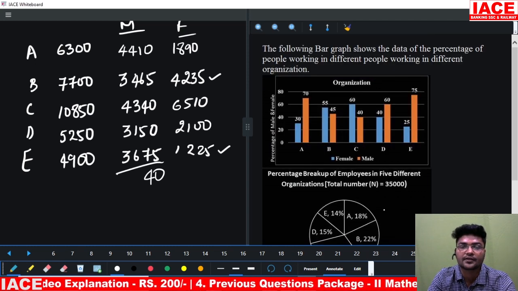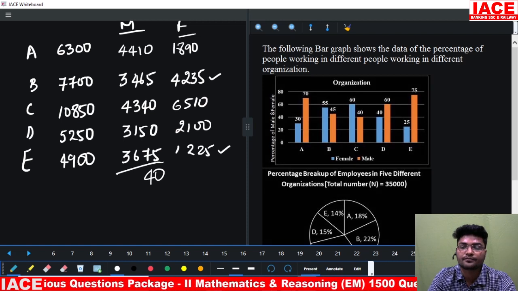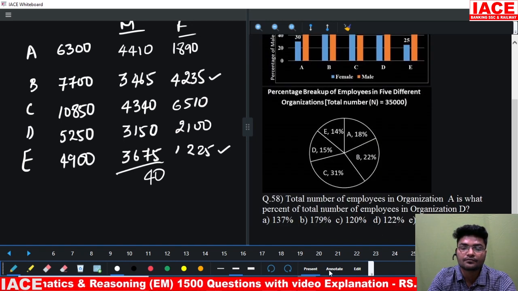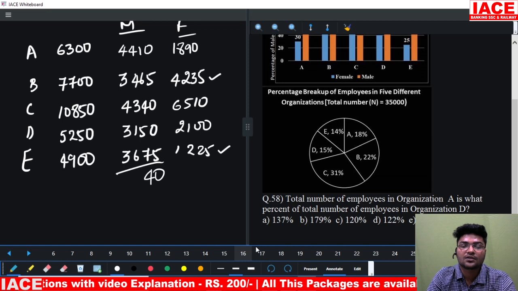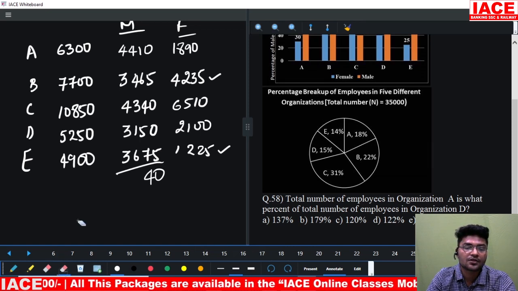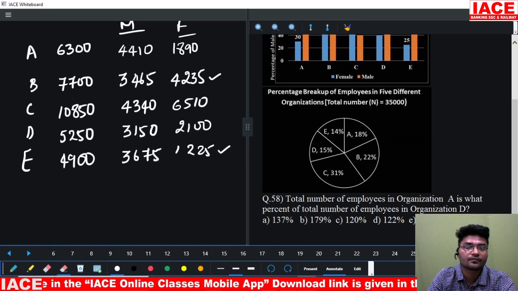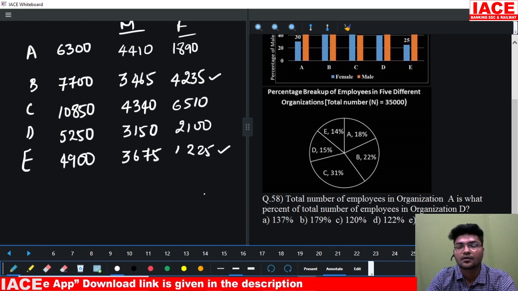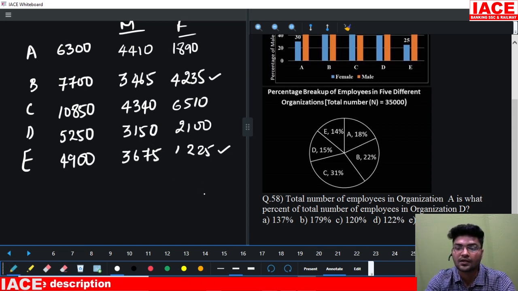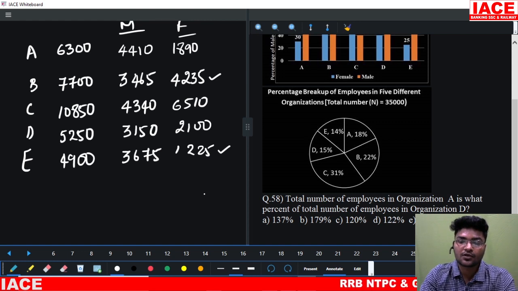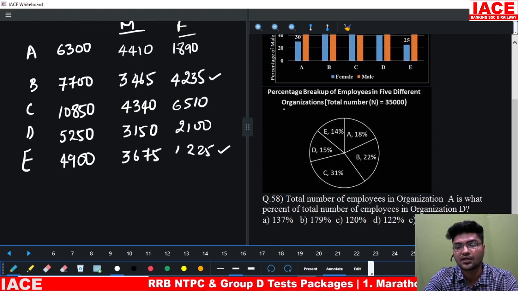Question number 58. What is this question saying? Total number of employees in organization A is what percentage of total number of employees in organization D?